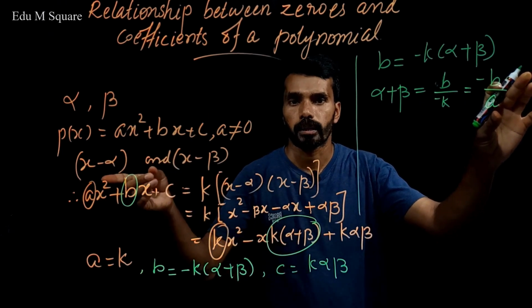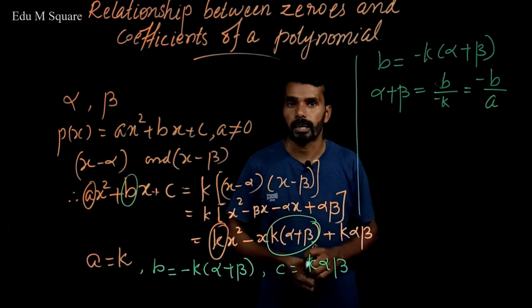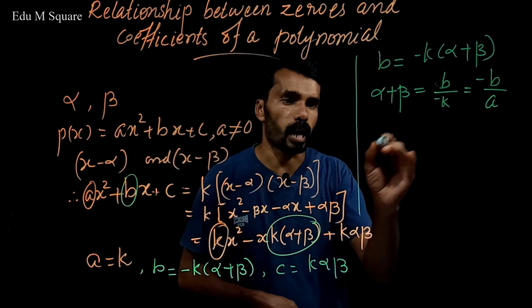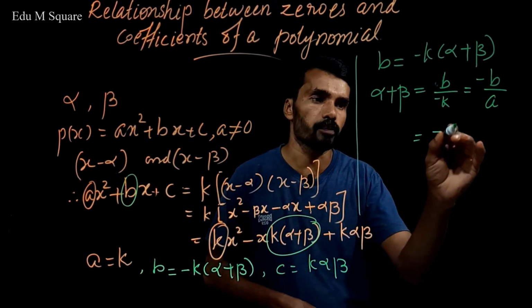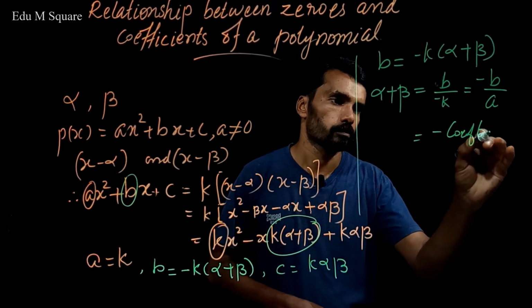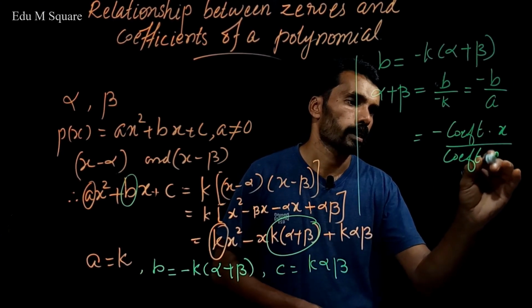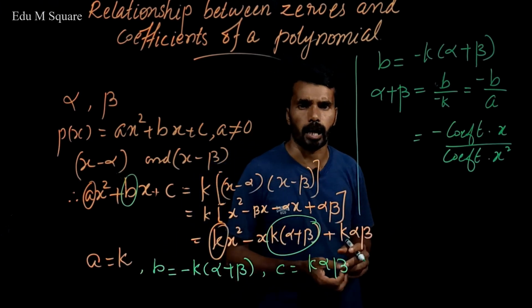Now what is b? The coefficient of x. And what is a? The coefficient of x square. So alpha plus beta is equal to minus of the coefficient of x divided by the coefficient of x square. Now let us see their product.